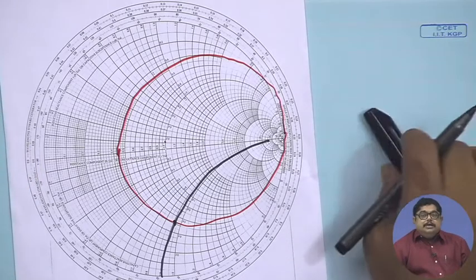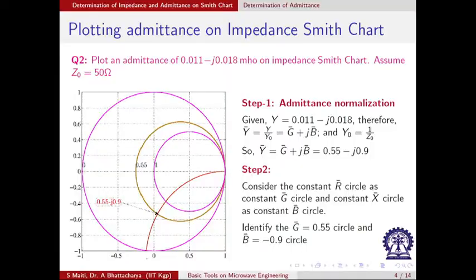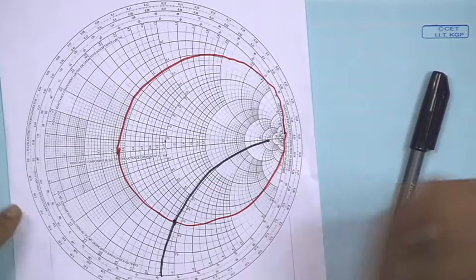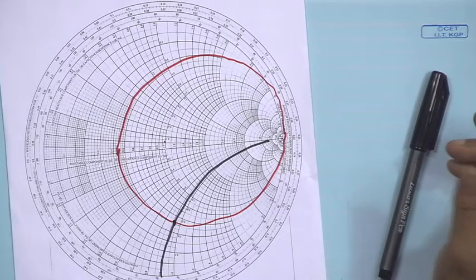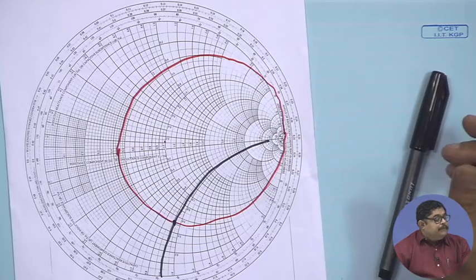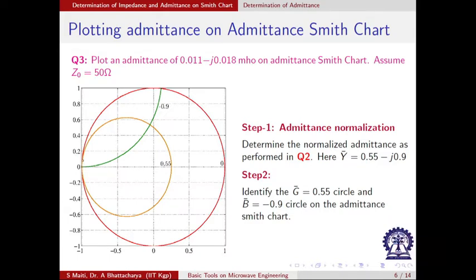Now, you can see that you could have done another thing also. The third problem is to do the same admittance value, but on the admittance Smith chart.